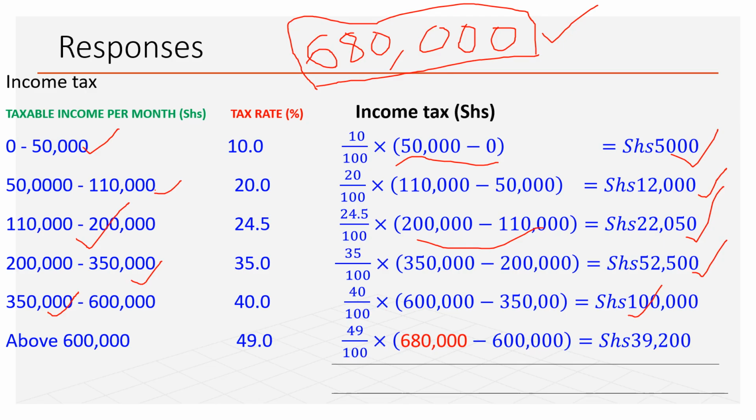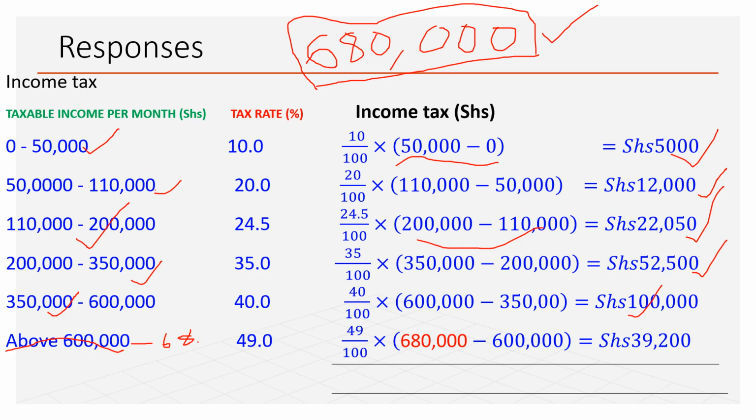Still, it is less than this 680. Then there is an opportunity here that they are saying above 600. So meaning that money is above 600. This range is like having 600 to 680.